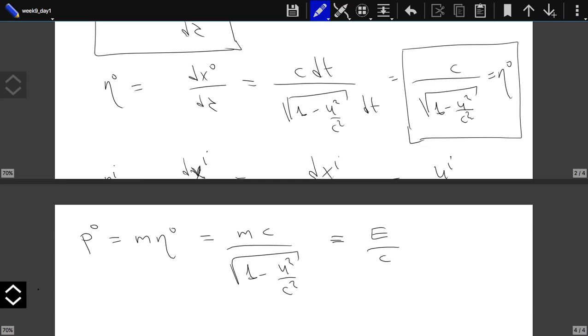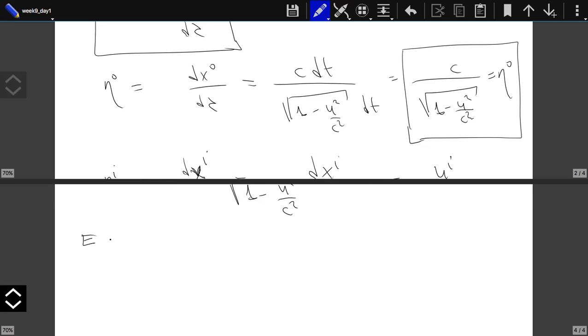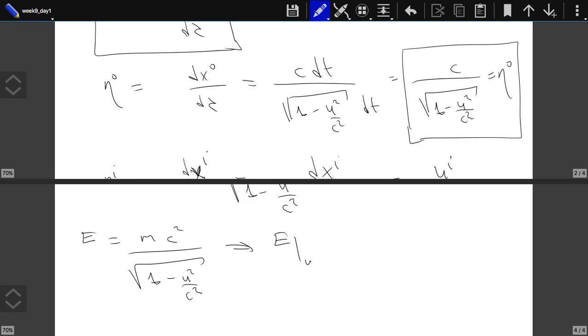Well, let's look at the kinetic energy. We define it as mc squared over the square root of 1 minus u squared over c squared. The energy of the object when it is at rest is mc squared.